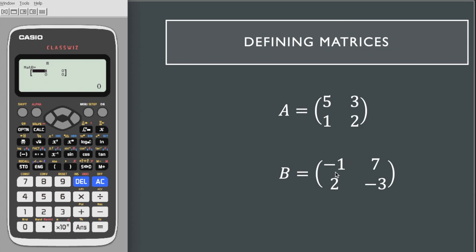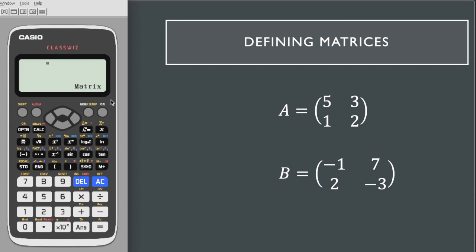The first element is -1, so we enter -1, press equals. Then the next element is 7, then 2, and then -3. Now we've entered all of the elements for this matrix. Matrix B has been fully defined. Now we can press AC and return back to this matrix screen.